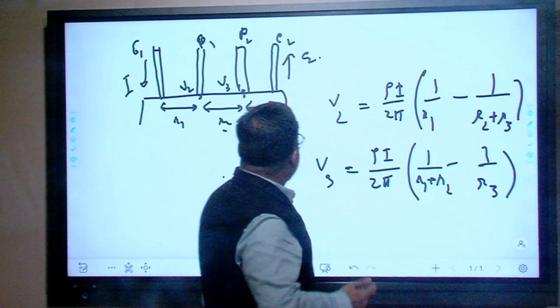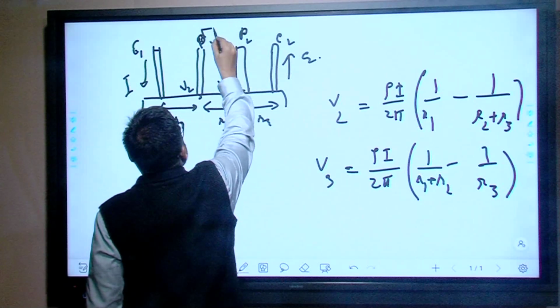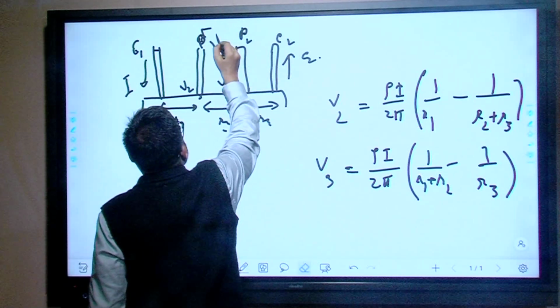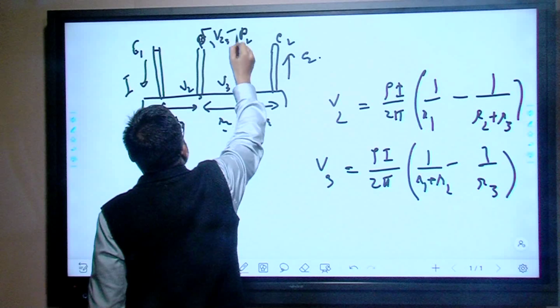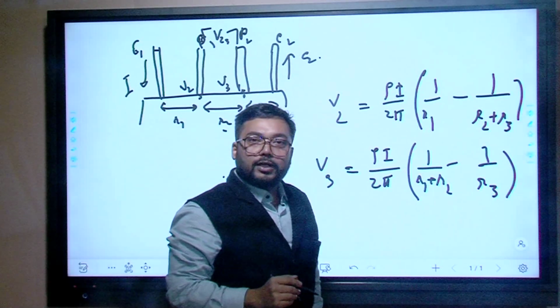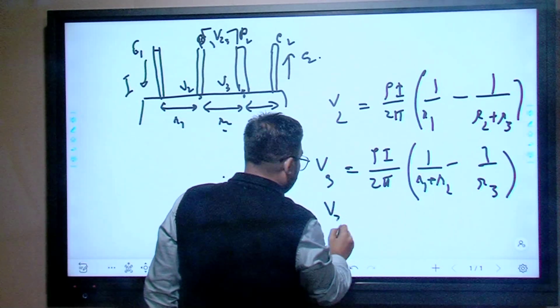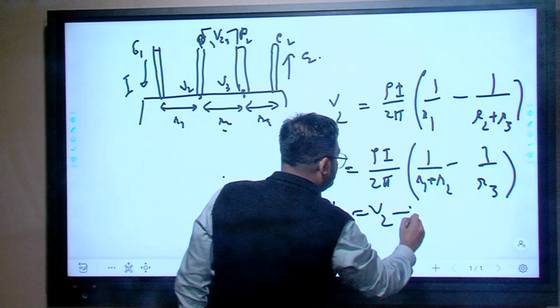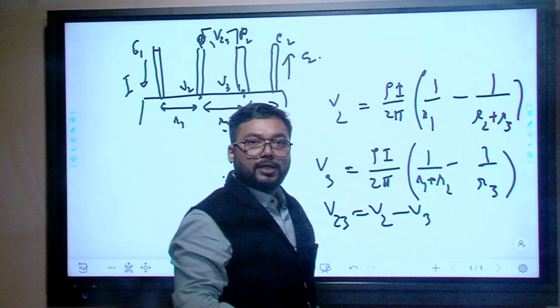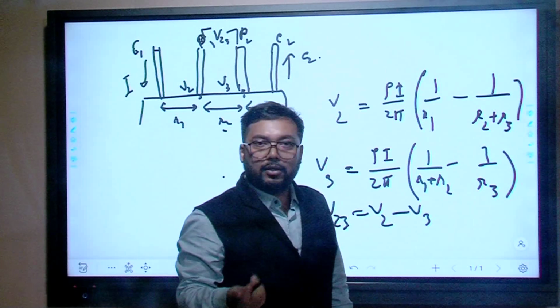So what is V23? It is the potential difference between these two potential electrodes, which is V2 minus V3. If you subtract, you will get the answer.